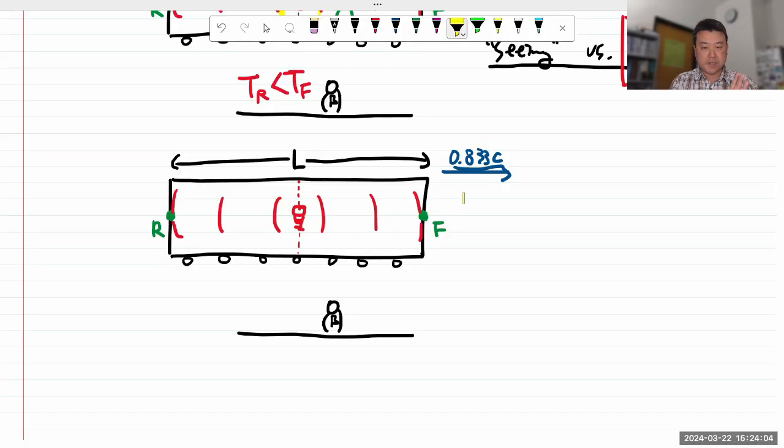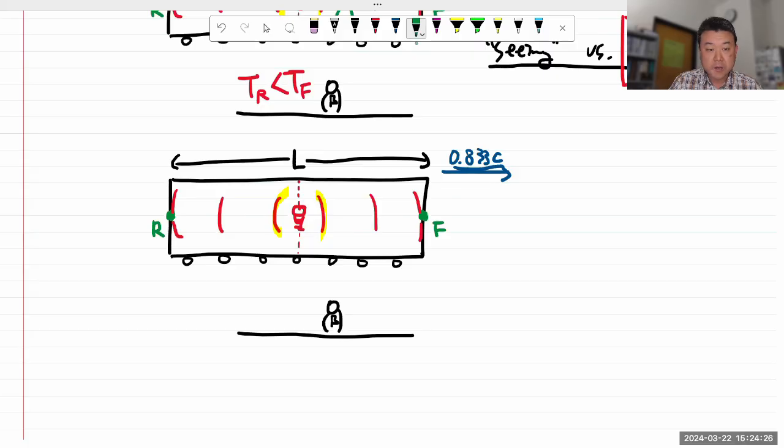Trying to draw fewer things. So this snapshot is the moment in which the light was emitted. The train is moving forward at 83% of the speed of light, and let me draw in green where the train will be at some point later.